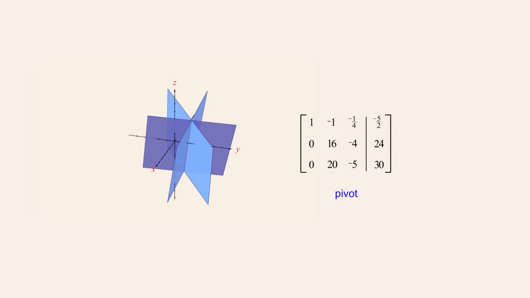Since this pivot operation adds a multiple of row 1 to row 3, it causes plane 3 to rotate around its line of intersection with plane 1. And since the x coefficient in row 3 has changed to 0, like plane 2, plane 3 has also become parallel to the x-axis.